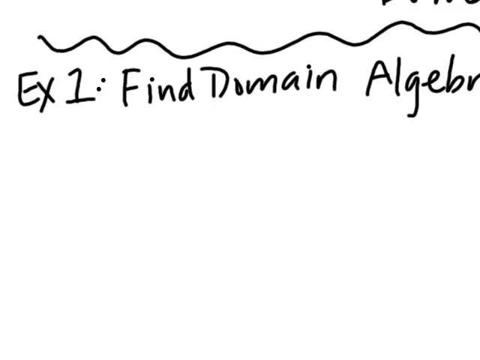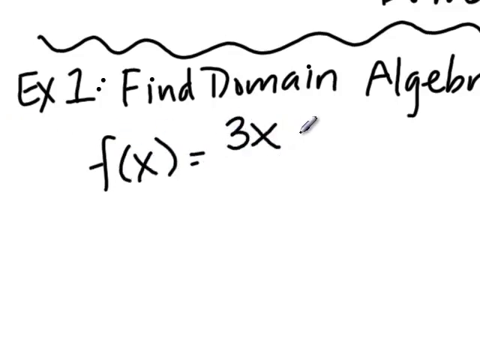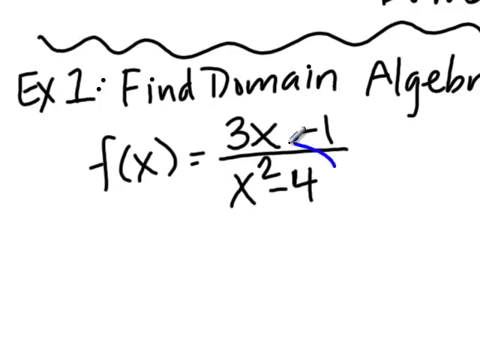Okay? We had f of x equals 3x minus 1 over x squared minus 4. Whenever it is a fraction, all you have to do is take the bottom and set it equal to 0.